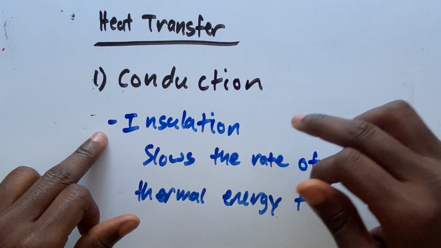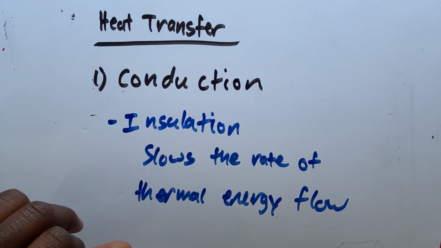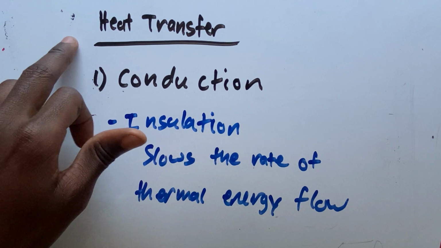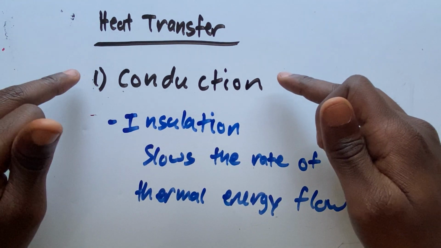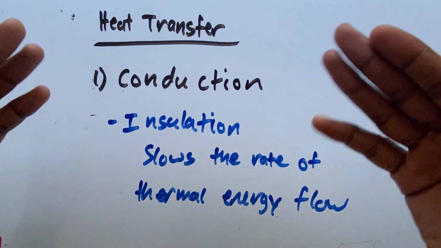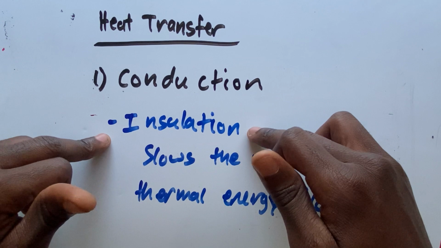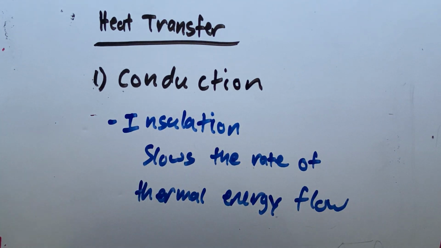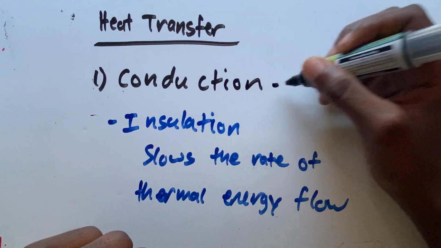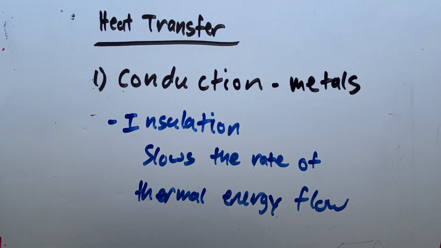As far as heat transfer is concerned, we have things that are good conductors, and we have things that are bad conductors that we would call insulators. An example of a good conductor would be most metals.